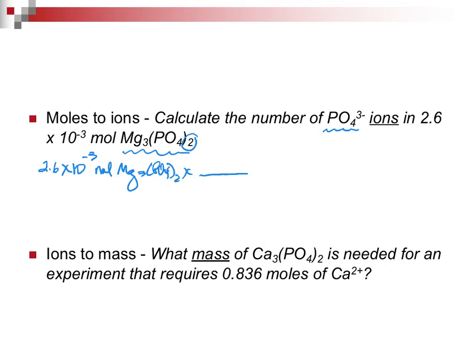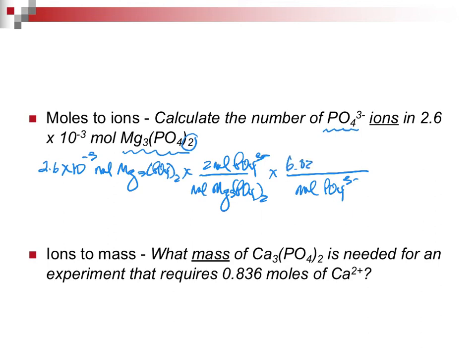And then I'm going to say, for a mole of Mg3(PO4)2, we have 2 moles of PO4 3 minus. Then it's just a matter of Avogadro's number, because a mole of PO4 3 minus has 6.02 times 10 to the 23rd ions of PO4 3 minus.